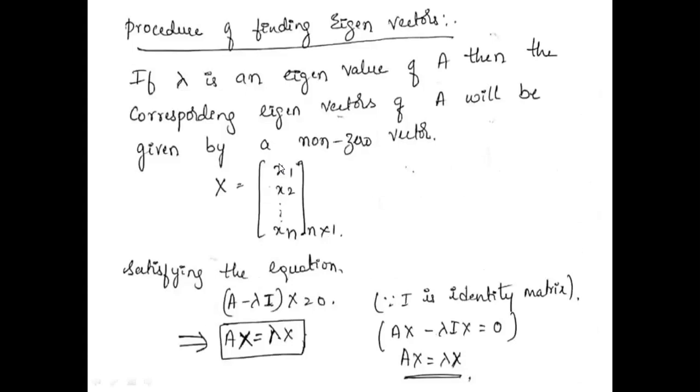That means you will have n rows but one column, right? And this will satisfy the equation A minus lambda I into X equal to 0. So once you open the bracket and equate it, you'll have A X minus lambda I X equal to 0, and lambda I X is nothing but lambda X, and then the final equation will be A X equal to lambda X, and I is the identity matrix. So this is the equation to find the eigenvector: A X equal to lambda X. Right?